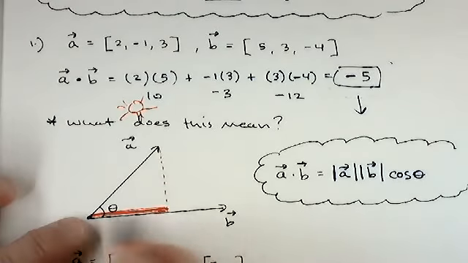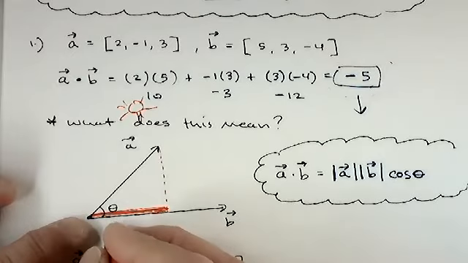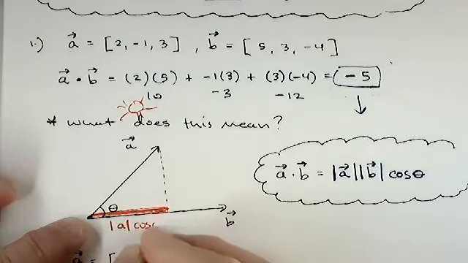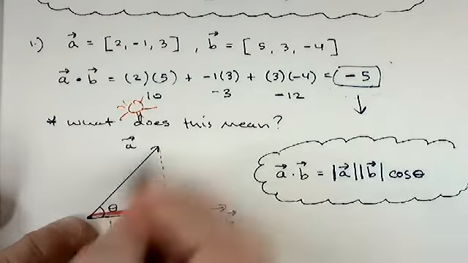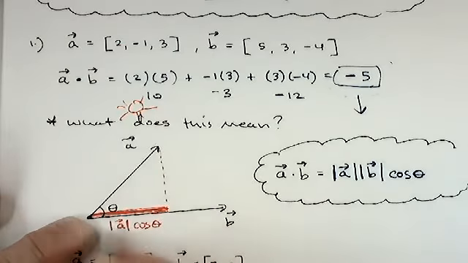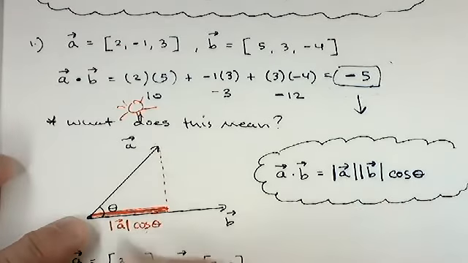This length right here is, in this case, the magnitude of A times the cosine of theta. It's pretty easy to see that, because cosine of theta is this over this length, which is the magnitude of A, and if you solve for this, it's going to be the magnitude of A times the cosine of theta.